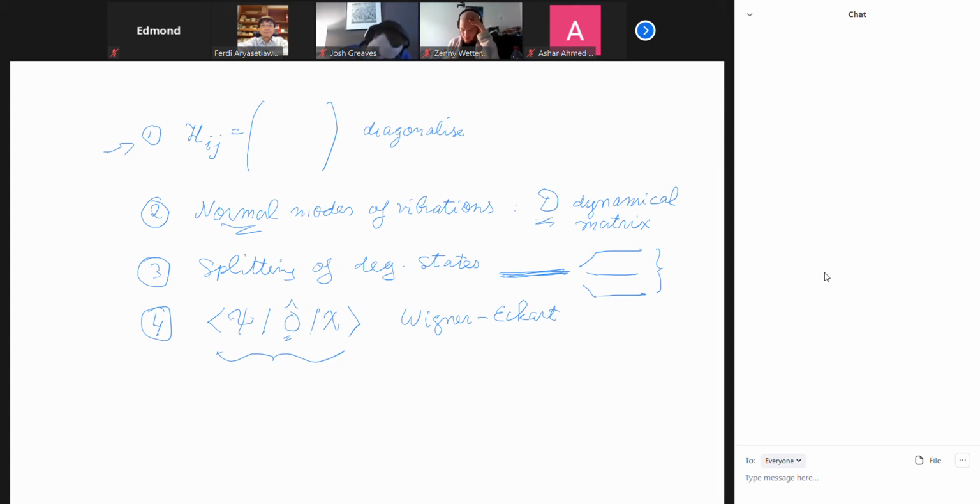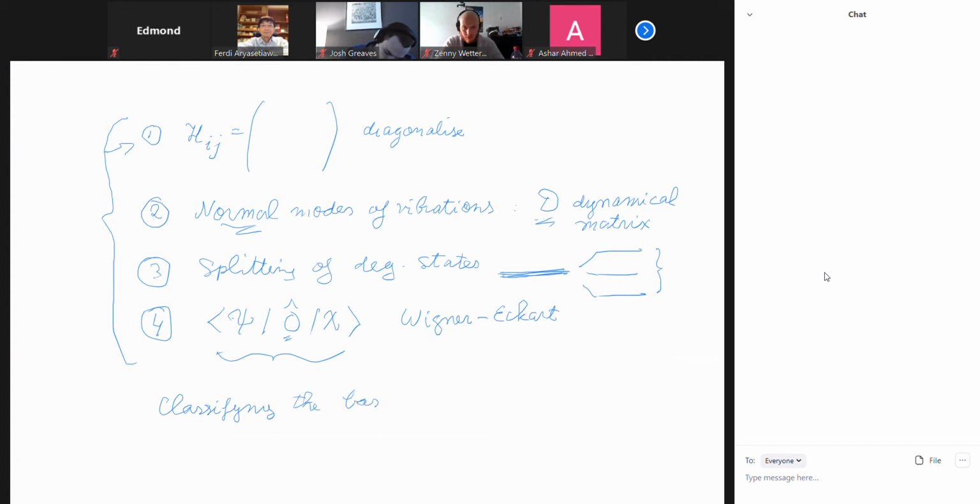So the common denominator of all these applications, and there may be some more, is really just a matter of classifying the basis functions, or the states.